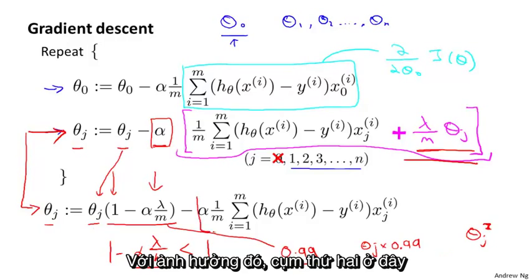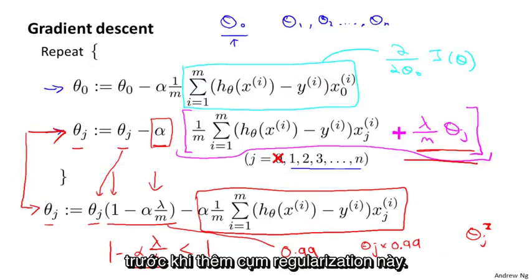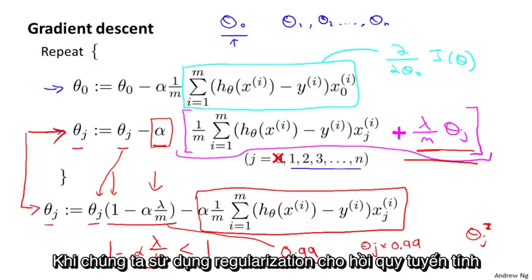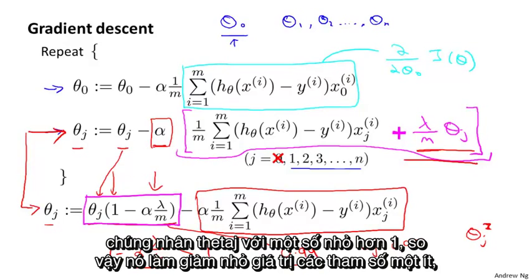And then after that, the second term here is exactly the same as the original gradient descent update that we had before we added all this regularization stuff. So hopefully this update makes sense. When we're using regularized linear regression, what we're doing is on every iteration, we're multiplying theta j by a number that's a little bit less than 1.